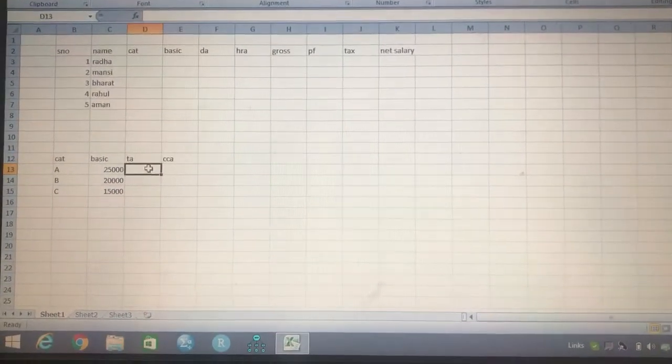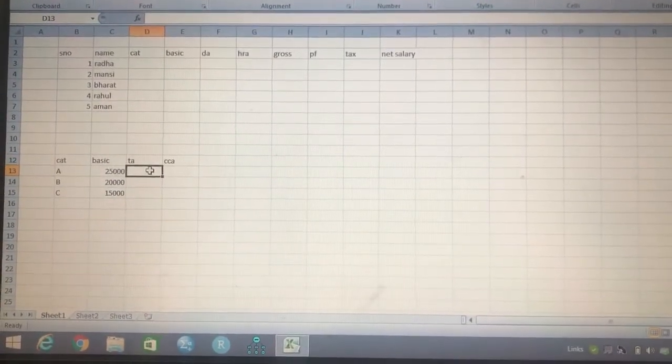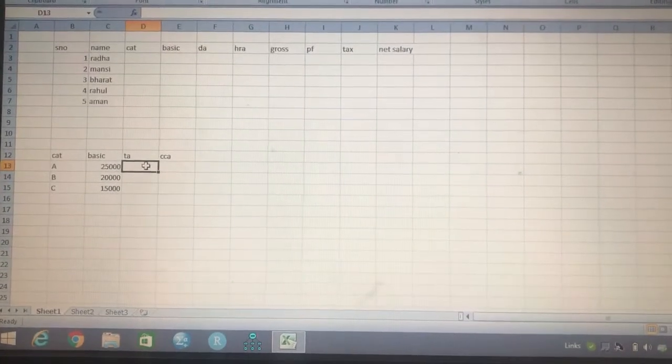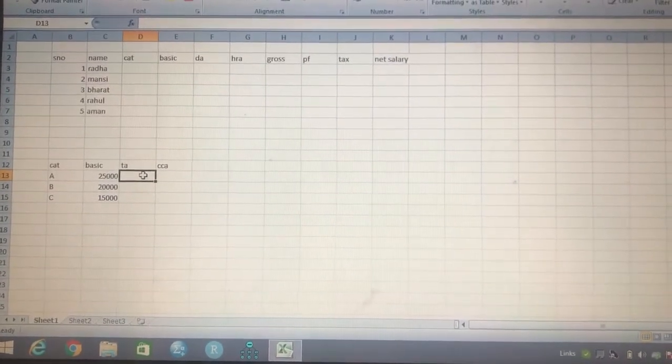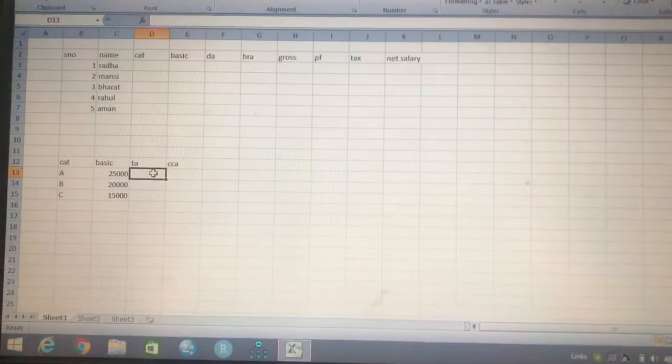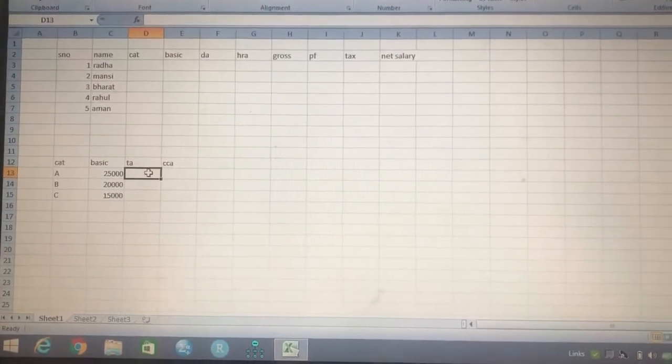These are TA and CCA. These are two more components of your salary structure, and they are just some kind of incentive.